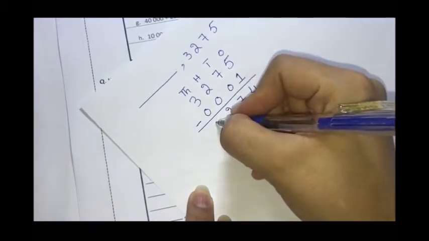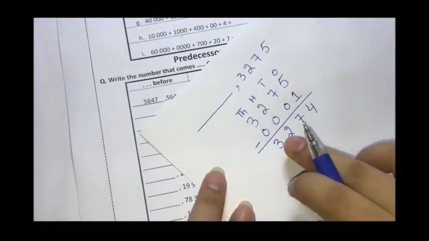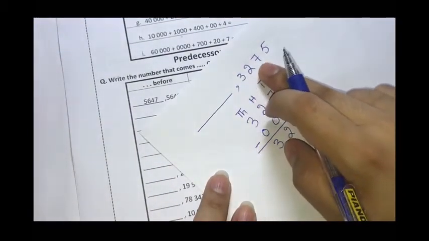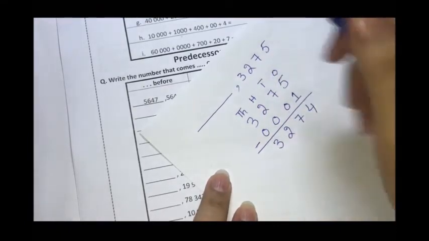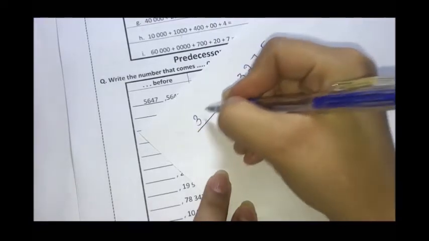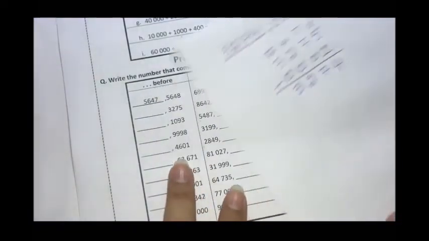And 3 minus 0, 3. Right? So the number that comes before 3275 is 3274. Understand?